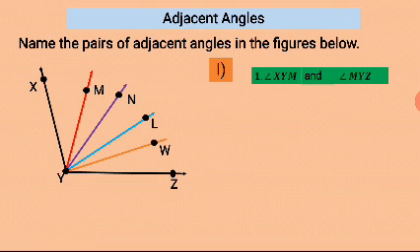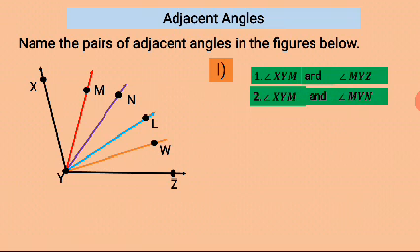First pair: angle XYM and angle MYZ, because Y is a common vertex and YM is a common arm of these two different angles.